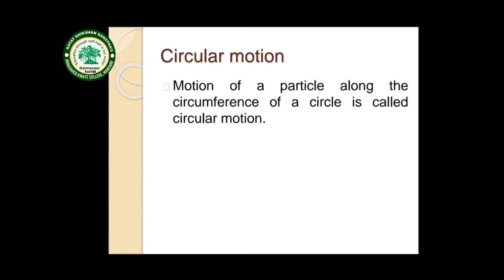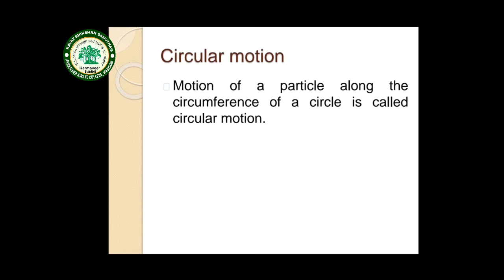So as a reminder, this is the definition of circular motion: motion of a particle along the circumference of a circle is called circular motion. In simple words, circular motion means a particle which can travel in a circular path with circumference.